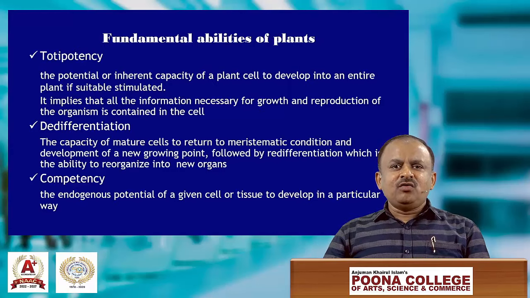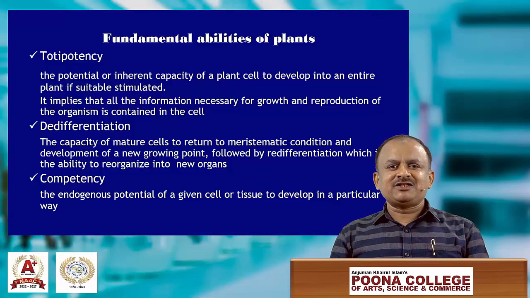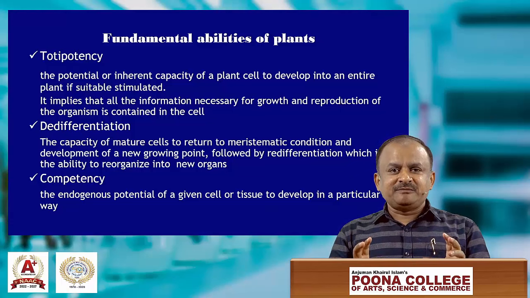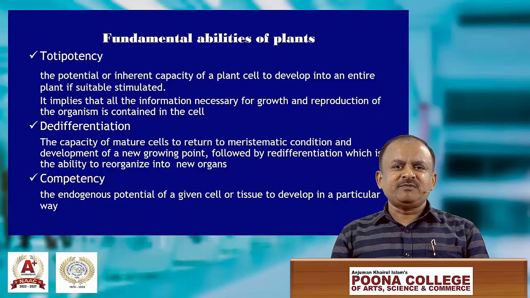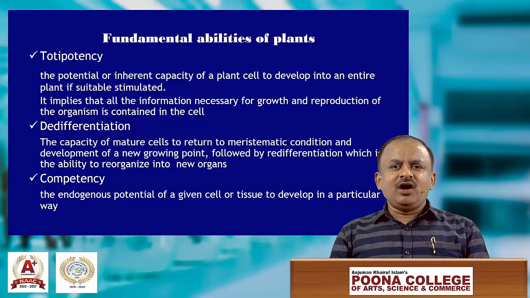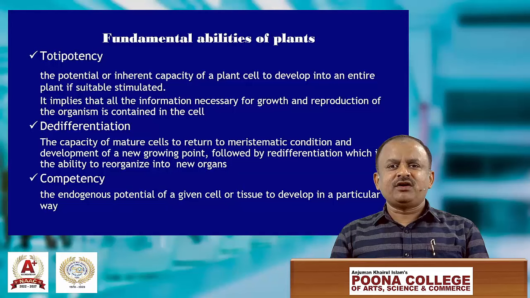What are the fundamental abilities of plants? Remember well, Haberlandt first mentioned the concept of totipotency: the potential or inherent capacity of a plant cell to develop into an entire plant if suitably stimulated. It implies that all the information necessary for growth and reproduction of the organism is contained in the cells.